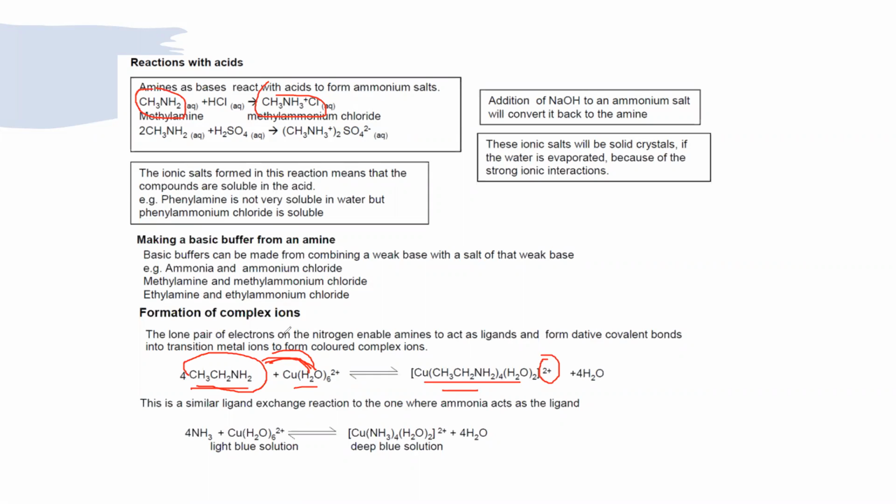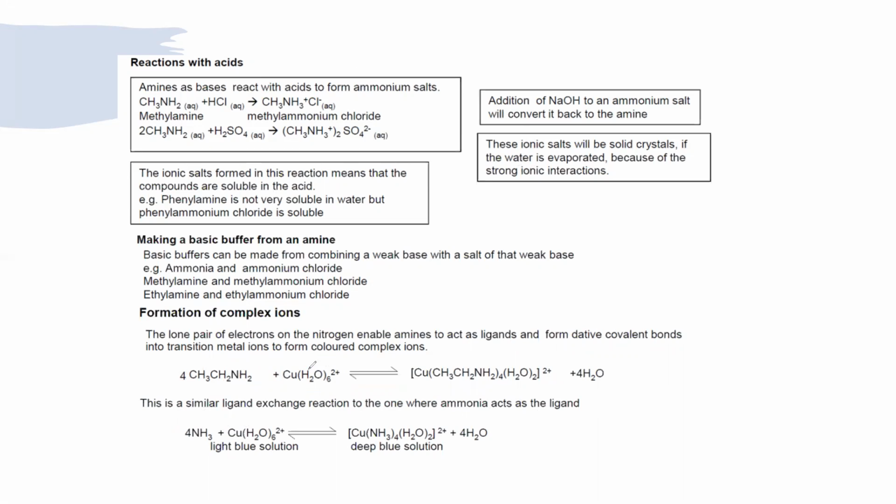The lone pair of electrons on the nitrogen enables the amine to act as a ligand and form a dative covalent bond to a transition element to form a colored complex. This is a similar ligand exchange to the one where ammonia acts as a ligand. If you are adding ammonia, first it will form a blue precipitate in a small amount, and in excess the precipitate dissolves and forms a deep blue solution.